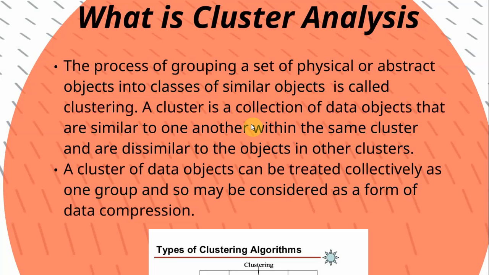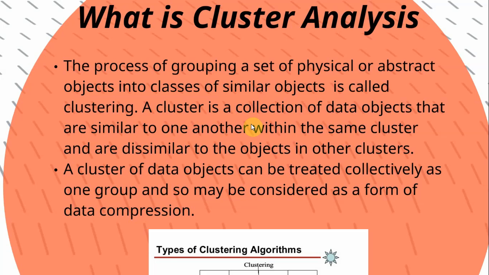We measure similarity using two terms: one is the intra-cluster distance and the other is the inter-cluster distance. When objects lie within the cluster, the intra-cluster distance should be minimum, whereas the inter-cluster distance should be maximum.